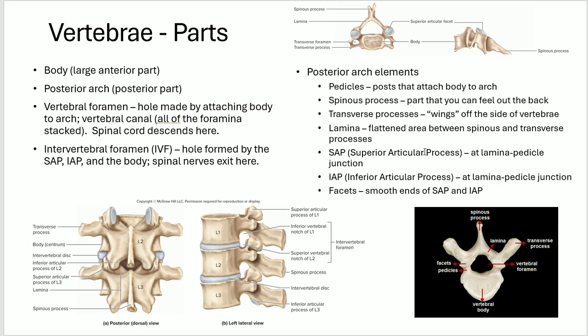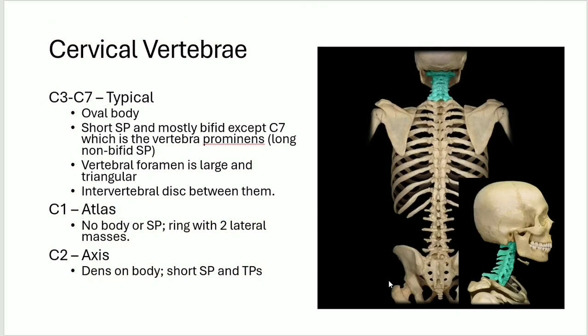The superior articular process and the inferior articular process are very difficult to point out here. We'll see those in class. But the hole that's formed there between the SAP, IAP, and the body that allows spinal nerves to exit is called the intervertebral foramen. So definitely know that. I think that's it for this slide.